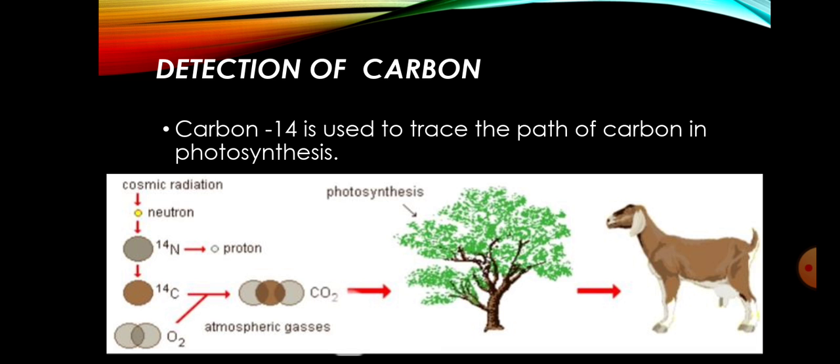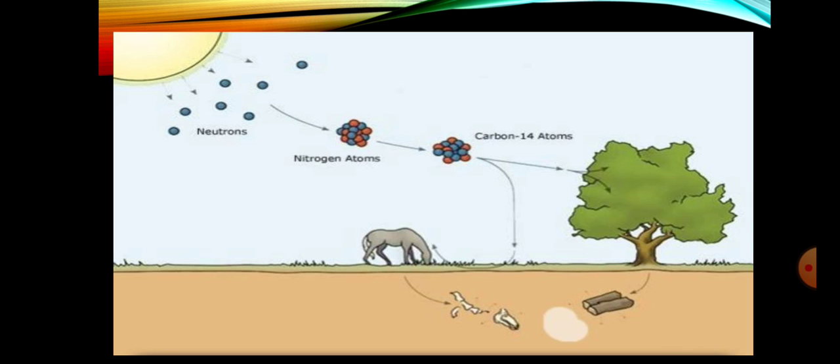When this carbon 14 reacts with oxygen present in the atmosphere, it forms carbon dioxide, and when this carbon dioxide reacts with water in photosynthesis, the carbon 14 is present in the plants. Then the plants are eaten by human beings, and the carbon 14 is transferred into human beings or living organisms.